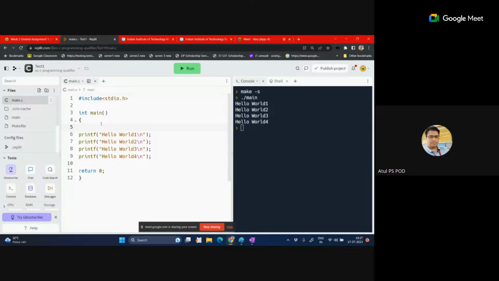I am printing hello world. This is a single line comment, and the compiler will completely ignore it. The compiler also ignores blank space or an empty line. If you leave one line empty, the compiler will ignore that empty line as well.